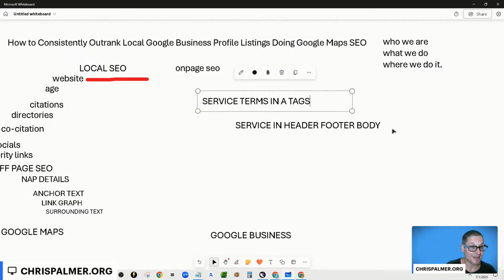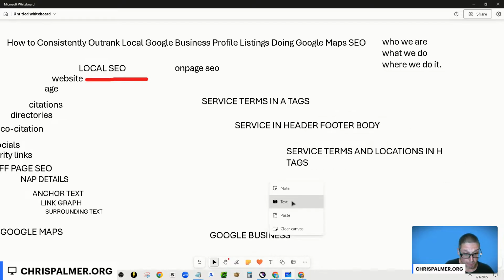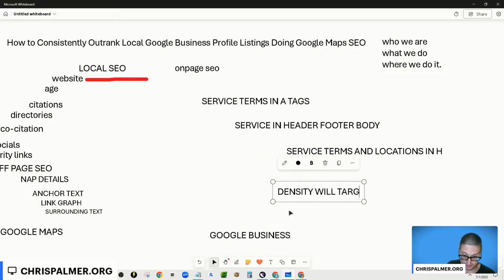Service terms are going to come in A tags. Service terms and locations in H tags, right? Primary density will target locations, okay?